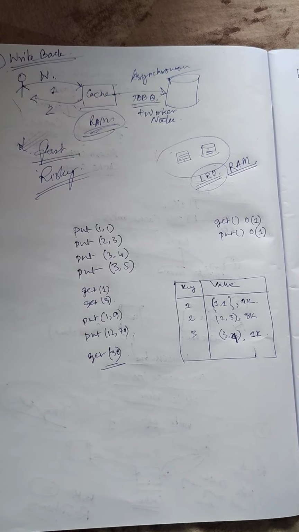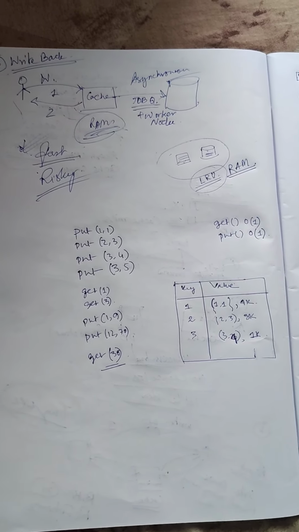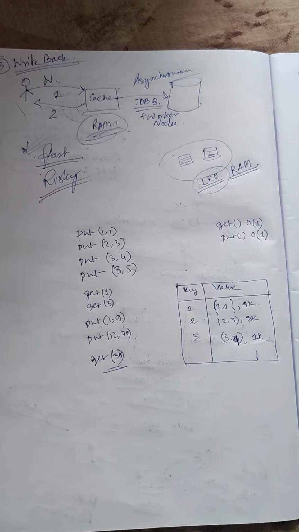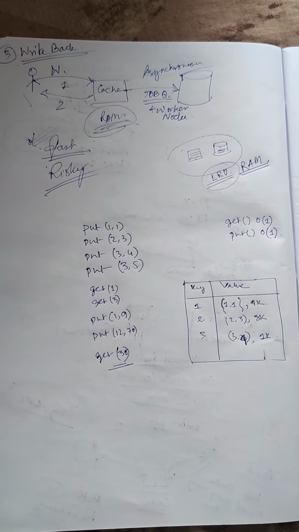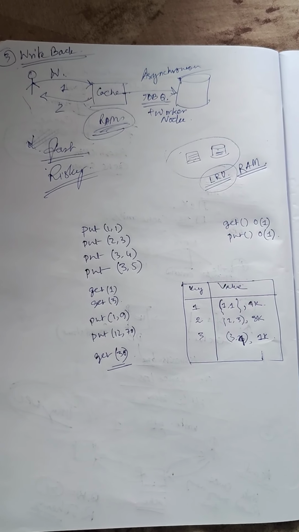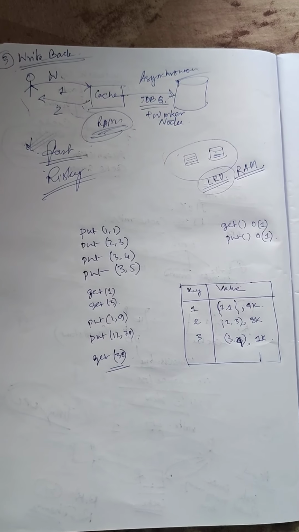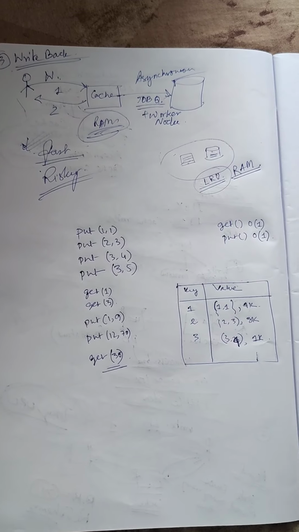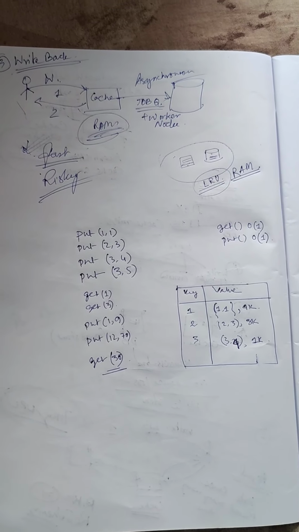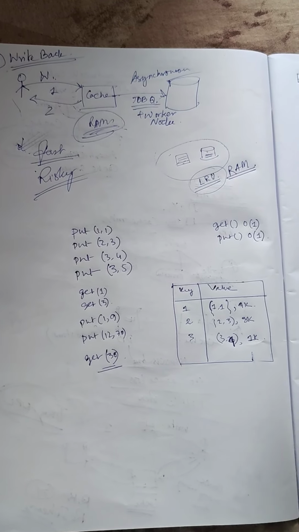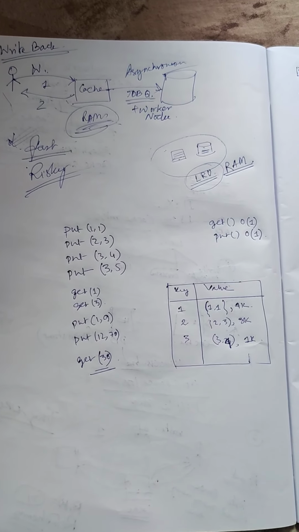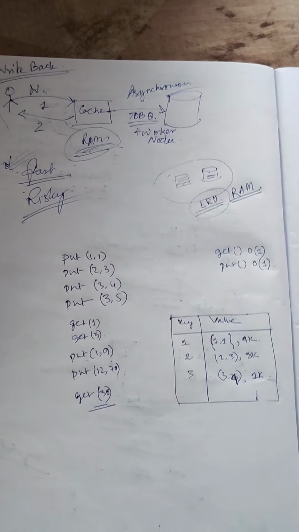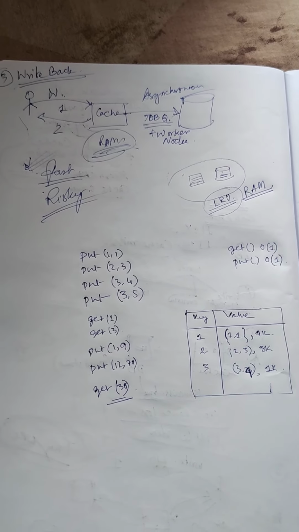So there should be some logic about which data should be there and which should not. LRU gives us an idea, based on some methodology, of what needs to be kept in memory and what should not. This technique gives this kind of guideline.